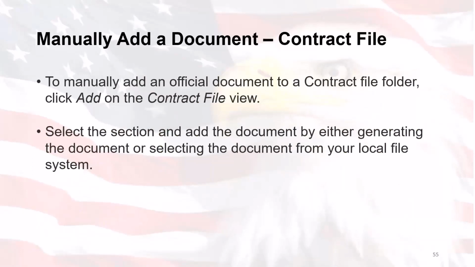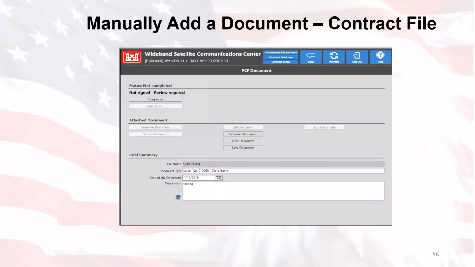Once you've added that particular document, you will then get the contract file view, and within it you'll see the PCF edit information displayed. You can select the date of the document and the status. Keep it not completed until after the documents are uploaded. When you upload the document into the actual document package and you're all done, then you'll go ahead and set it to the different status.